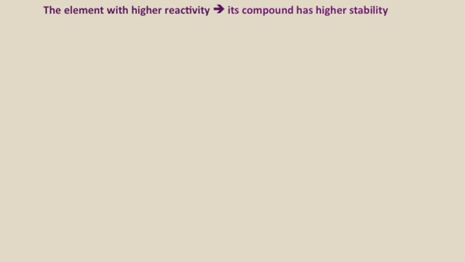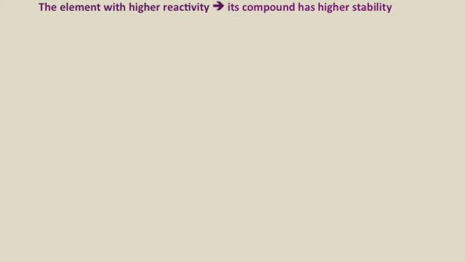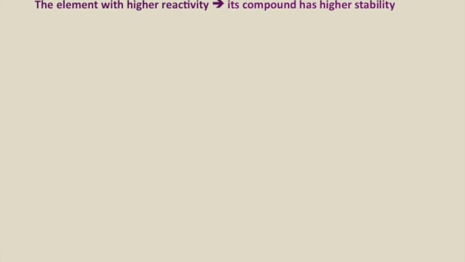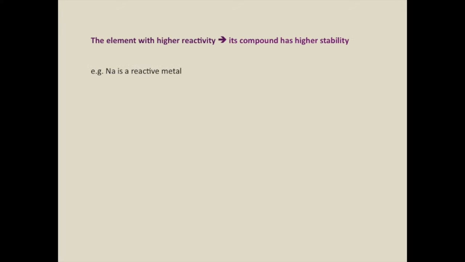Now in the second slide, we are going to have another point of view. In the past when we discussed the reactivity of an element, here it comes to our conclusion that for the metal with higher reactivity, their compound has higher stability. So we use sodium as an example.